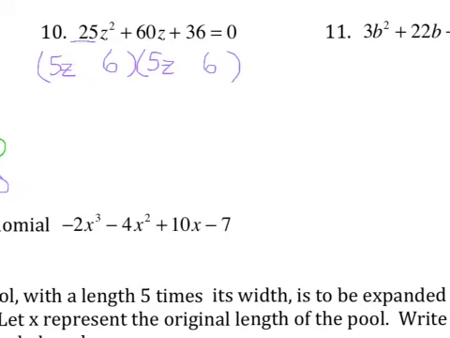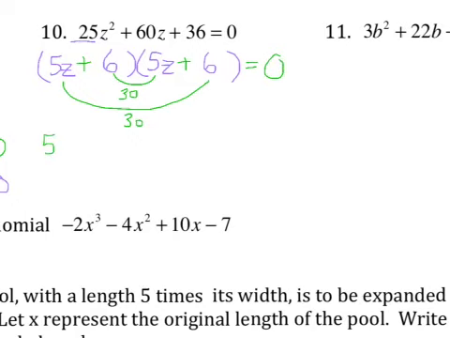Now I'm going to check and see if I factored this correctly by doing the smiley face. So 6 times 5 is 30, and 5 times 6 is 30, and this both adds up to 60. So I know that I factored it correctly with 5z plus 6 and 5z plus 6.